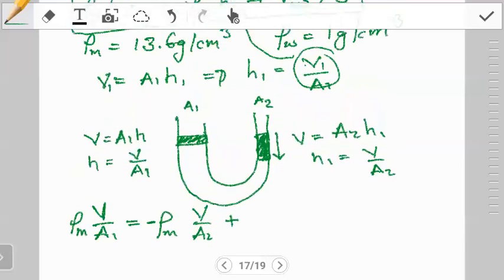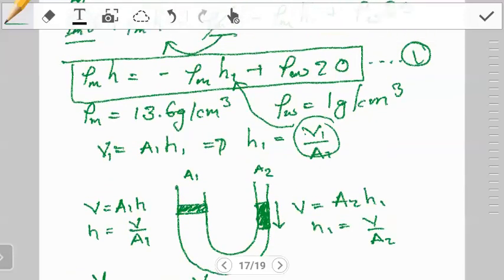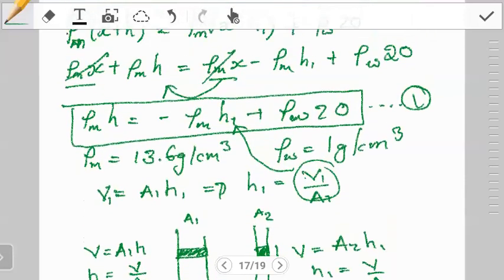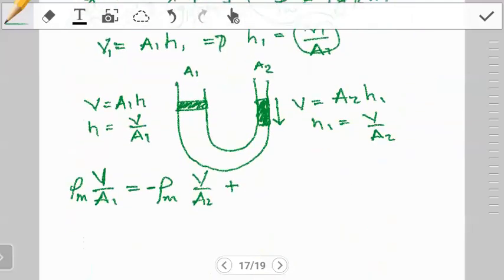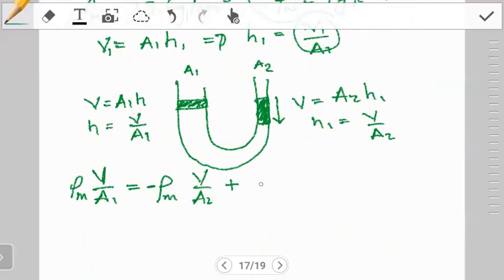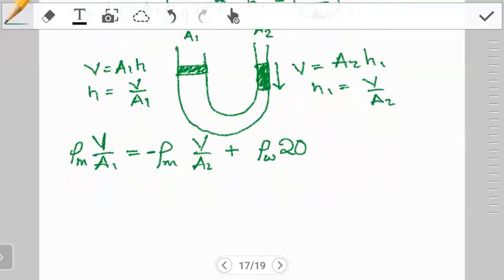Let's just confirm from equation 1. Yeah, that term is negative from equation 1. So plus, and then for the term from the water, the H here, we know what the H is, so we don't have to express it in terms of volume and area.